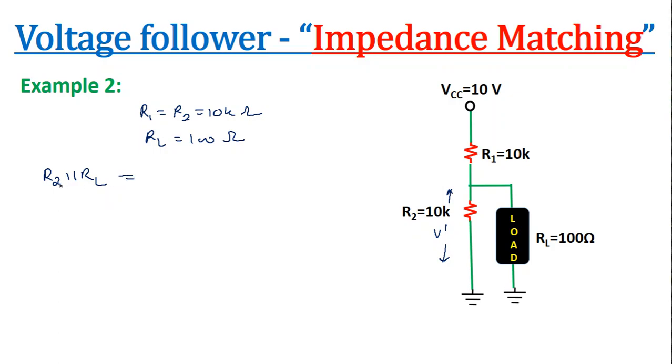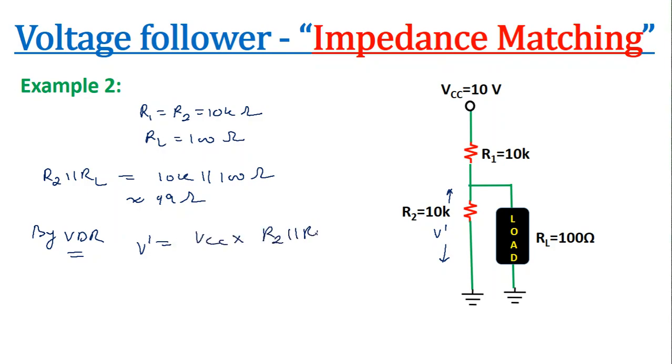So we find out R2 parallel RL. R2 is 10k parallel with RL, which is 100 ohm. When we solve this, we get approximately 99 ohm. Now again by voltage divider rule, we find out V dash across R2. So V dash will be equal to VCC into R2 parallel RL combination divided by R2 parallel RL plus R1. Here we have taken VCC equal to 10 volt; we have changed the source voltage.